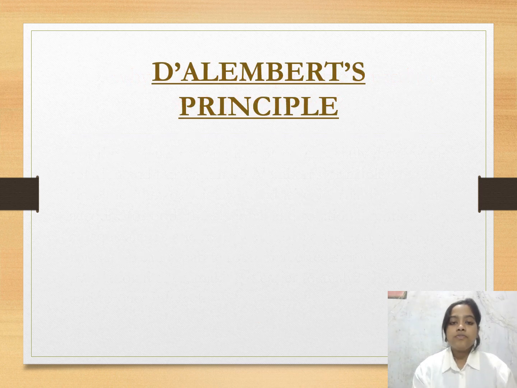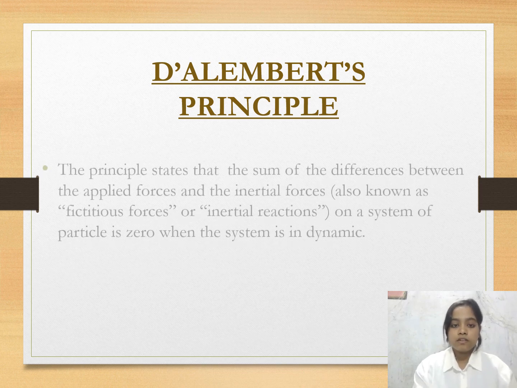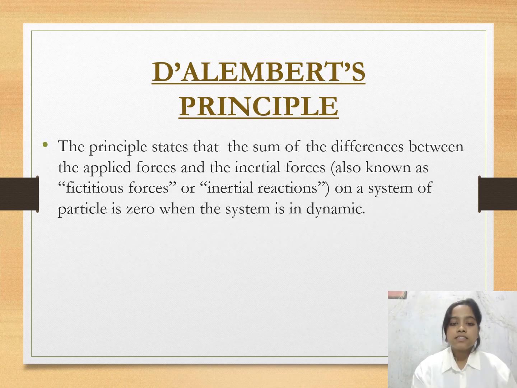So now we'll study what D'Alembert's principle states. The principle basically states that the sum of the differences between the applied force and the inertial force, which is also called the fictitious force, on a system of particles is zero when the system is in dynamic equilibrium.